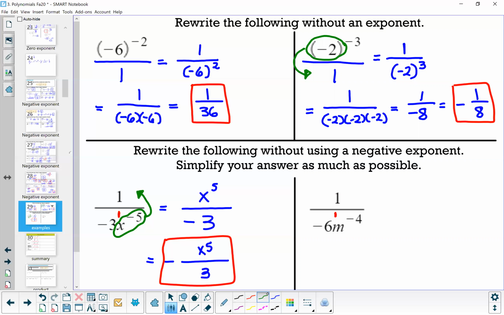And so when I take the reciprocal, I'm taking the reciprocal of m to the -4. So that's going to give me m to the 4th in the numerator, and then -6 in the denominator. I can write this as negative m to the 4th over 6.